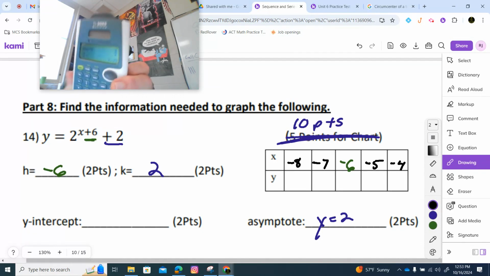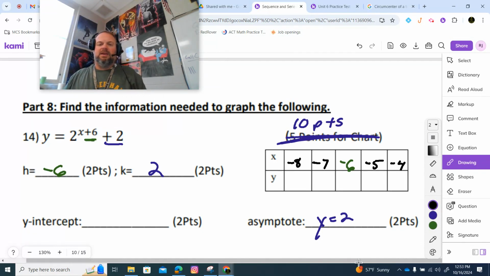All right. So you plug it in. Some of yous already know the pattern. Some of yous don't even know what's going on right now.